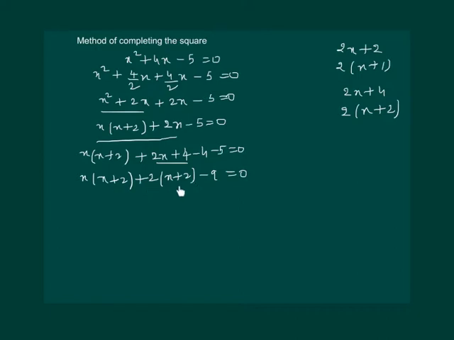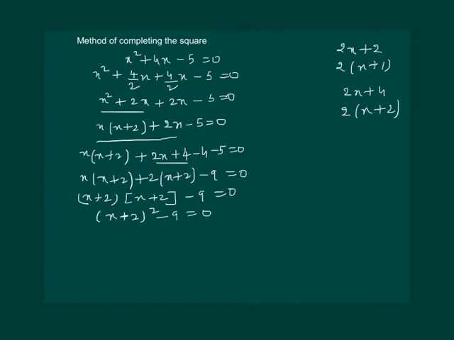From the first two terms, we get x plus 2 common and x plus 2 remains in the bracket, which can be written as x plus 2 whole squared minus 9 equal to 0. So, our purpose is solved as we have converted the x terms into the perfect square.